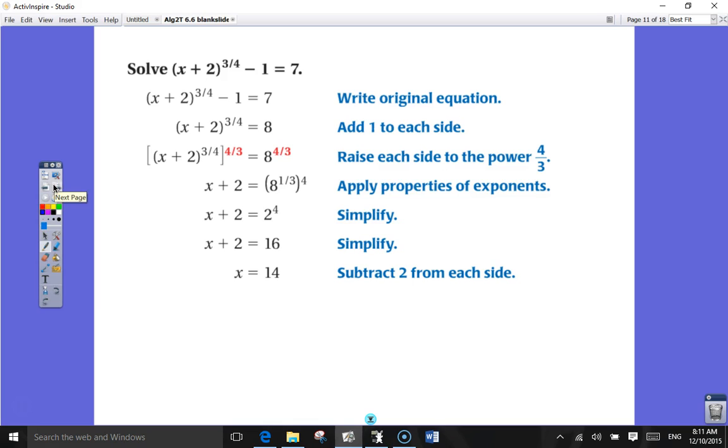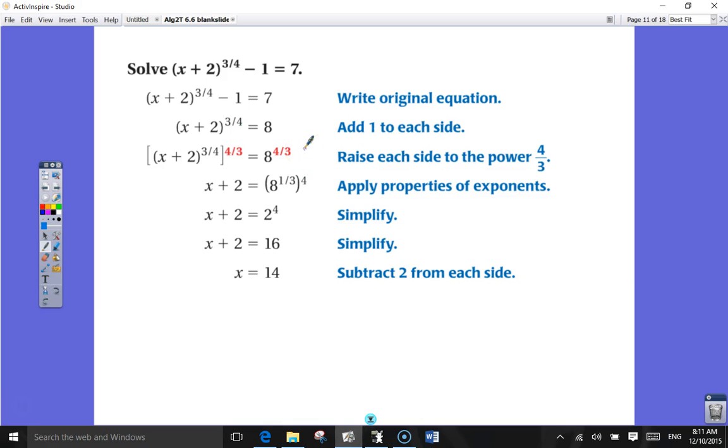Right? So here's another example. Isolate the radical. What do I have to do to isolate the radical? Add 1. Now undo that radical. How do you undo raising something to the 3/4 power? You raise it to the 4/3 power, so that 3/4 times 4/3, they cancel each other. You just get a 1. But if you do it to the left, you do it to the right.